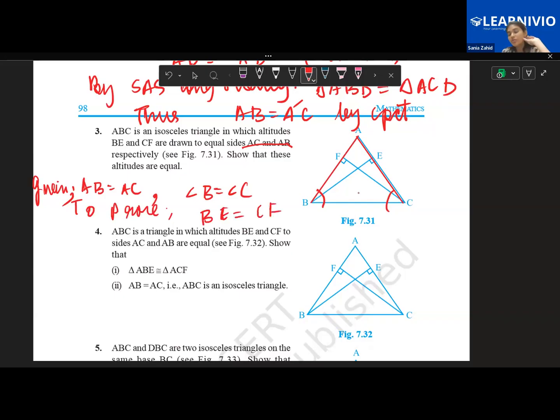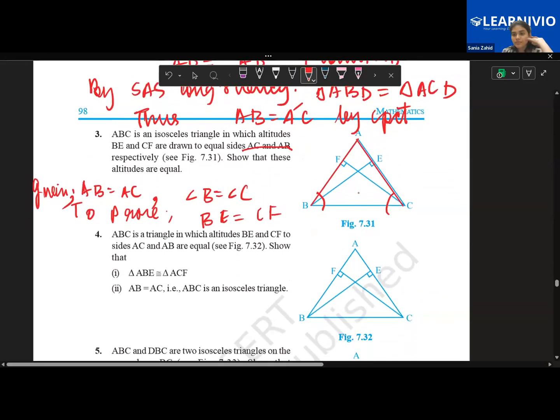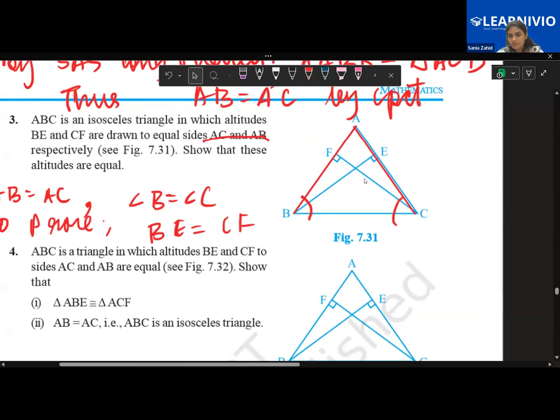Now, children, what is the meaning of an altitude? Put on your mic and speak. Yes, children, what is the meaning of an altitude? BE and CF are the altitudes.